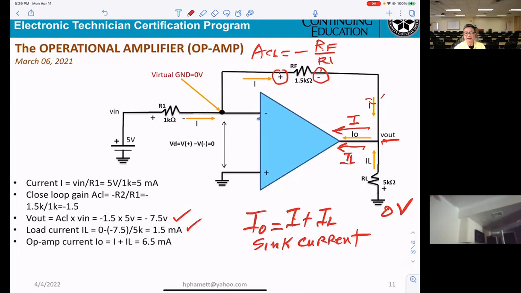The only thing in here, make sure you understand the inverting amplifier. So input positive, output will be negative. Okay, that's what you get, minus 1.5. This right here will be inverted, opposite.